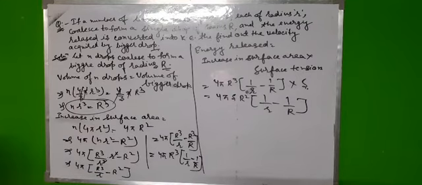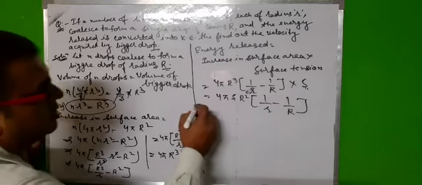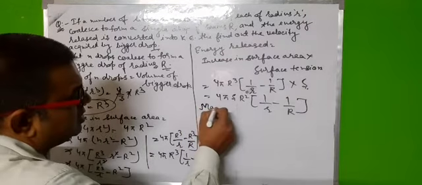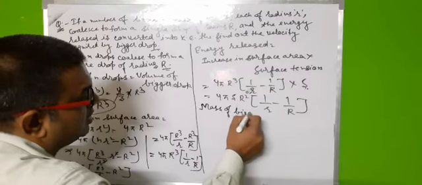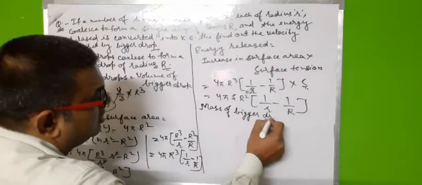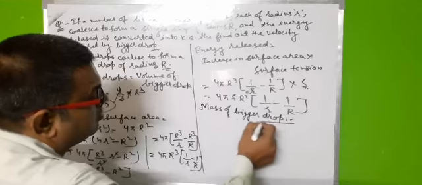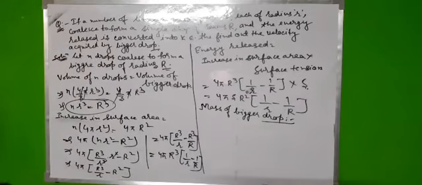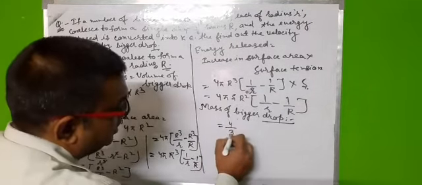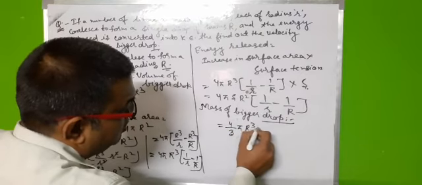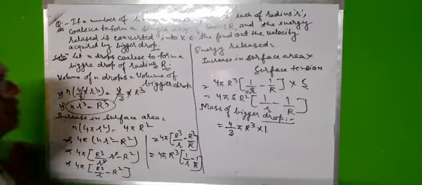Now we have to calculate the mass of the bigger drop. For the mass of the bigger drop, that is volume into density. Since it is a liquid drop, 4 by 3 pi r cube into 1.